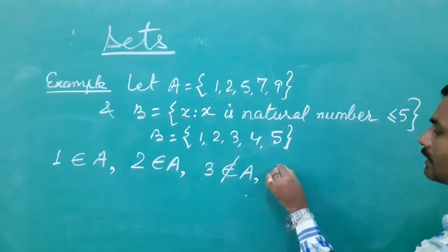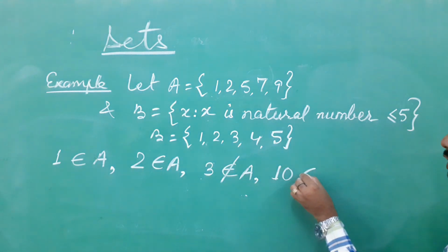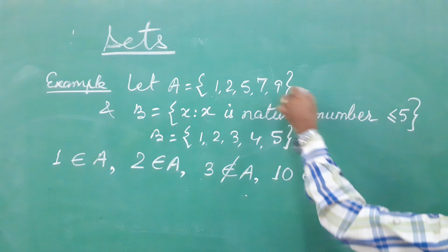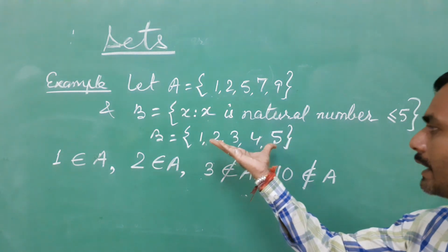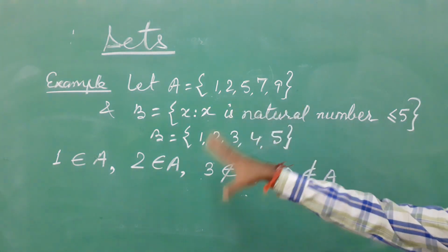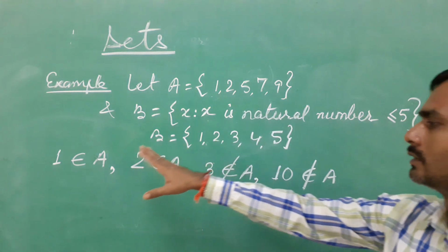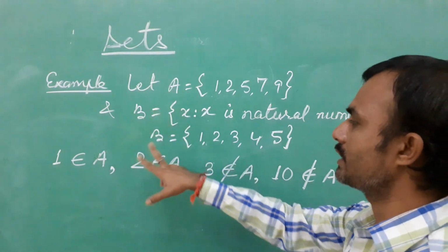What about 10? Does 10 belong or not? Yeah, it is not there, so it does not belong. So by looking at the roster form, we can decide whether the element belongs to the set or not.